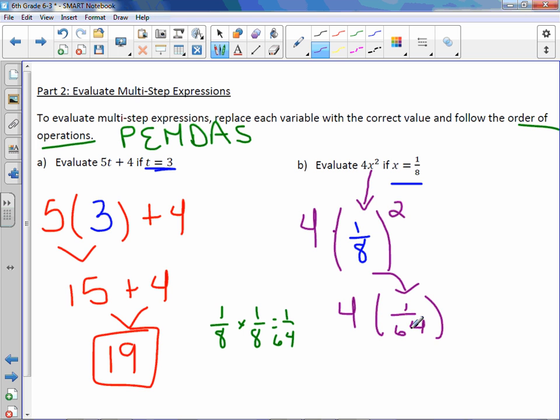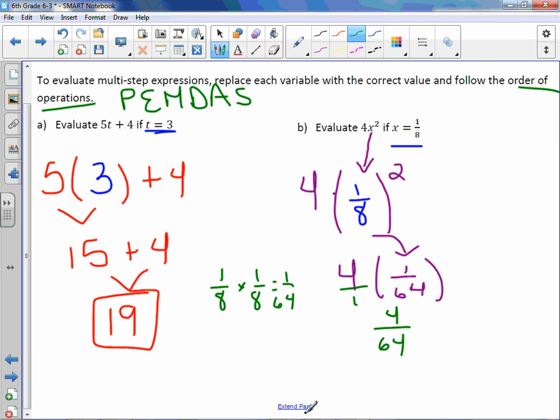I have no more exponents, but I do have multiplication. So let's put this 4 over 1 and multiply. 4 times 1 is 4. 1 times 64 is 64. And of course we need to reduce. I can divide numerator and denominator by 4. And I get 1 over 16.